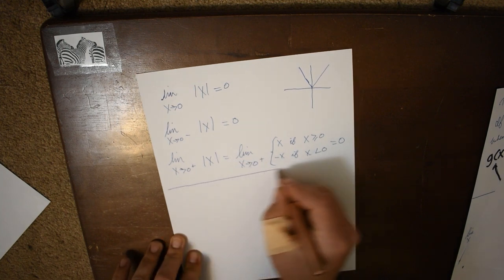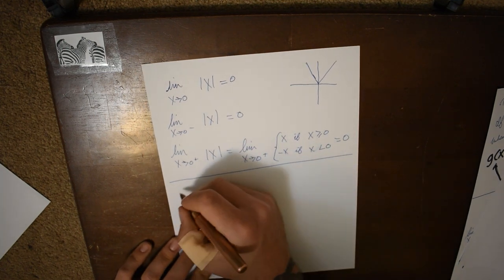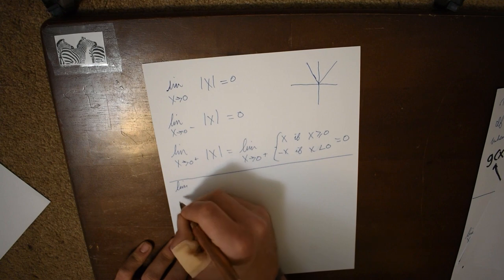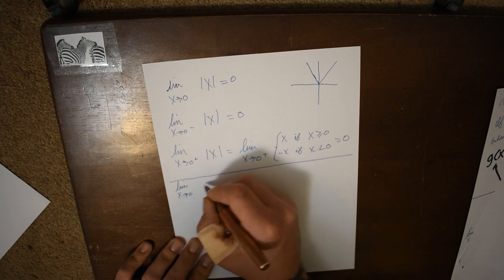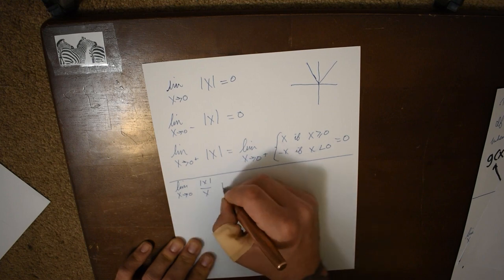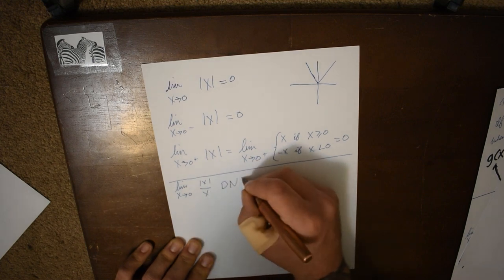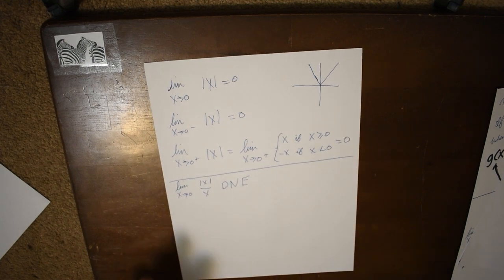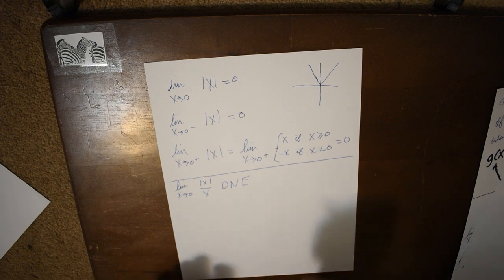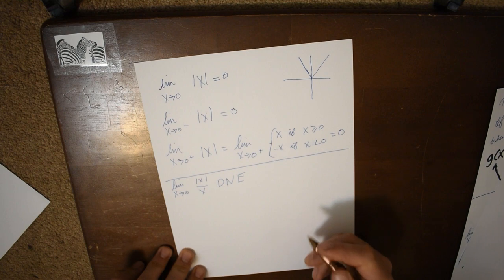But now, we want to show that the limit as x approaches 0 of the absolute value of x divided by x does not exist. So for this one, I'm going to completely solve algebraically.